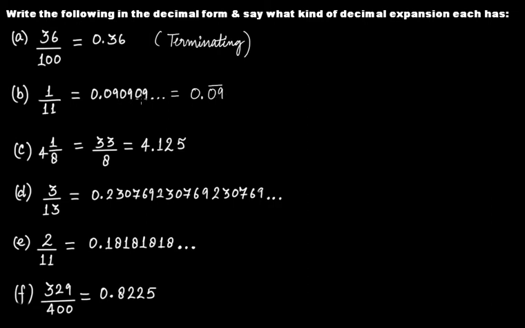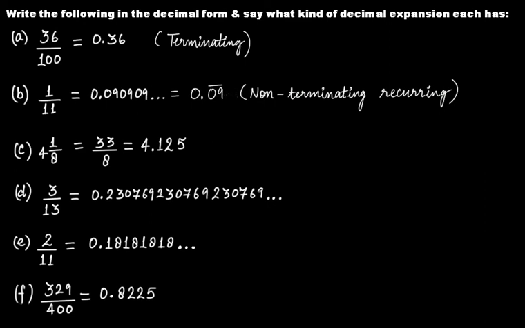It means that this is non-terminating because it will go on, and recurring. Why recurring? Because this is 09, then again 09, then again 09. This particular string of 2 digits will get repeated every time.